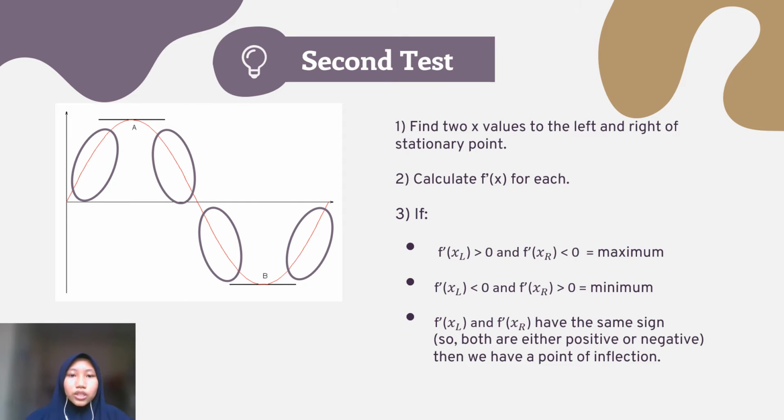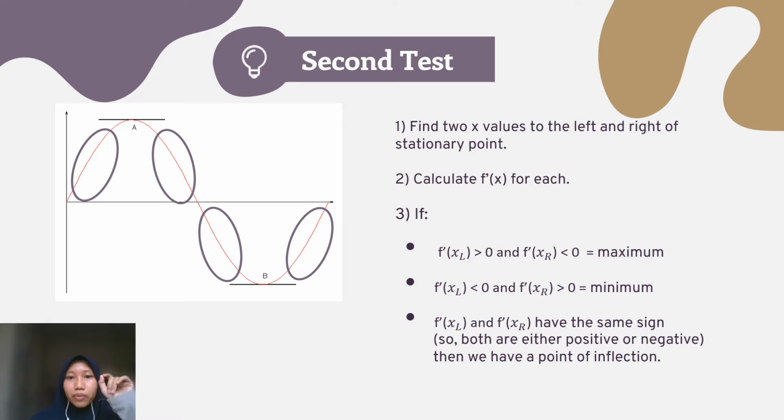Okay, for the second test, first find two x values just to the left and right of the stationary point, and calculate f prime x for each. If f prime x left is more than 0 and f prime x right is less than 0, then we have a maximum stationary point.